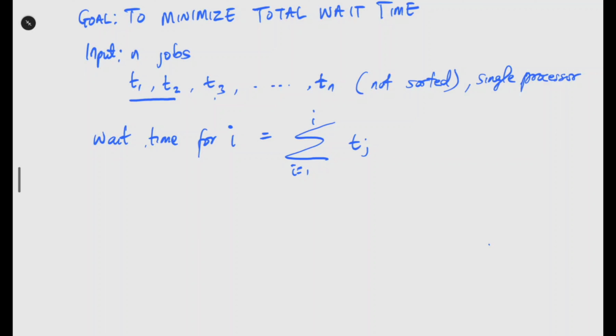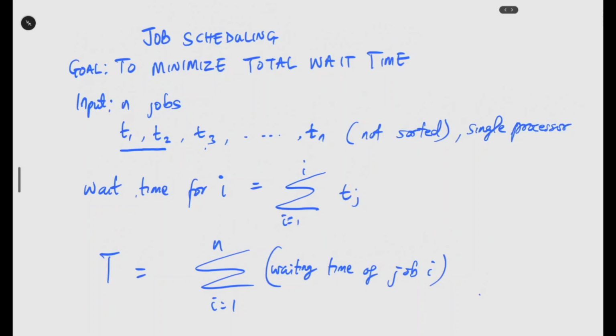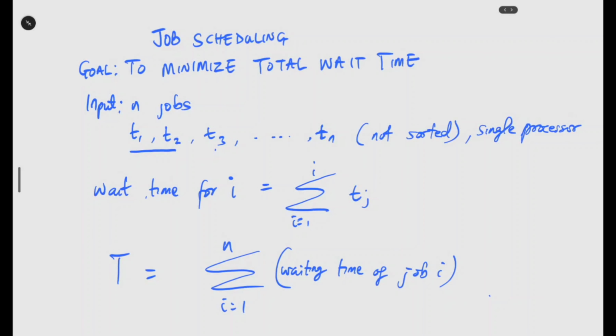We can also say that our total wait time would be the sum of the waiting time of each job. So this is our total wait time. Right now we are going to be thinking about the algorithm that would give us a minimum total wait time for all jobs.